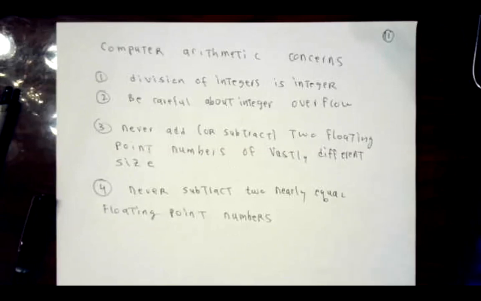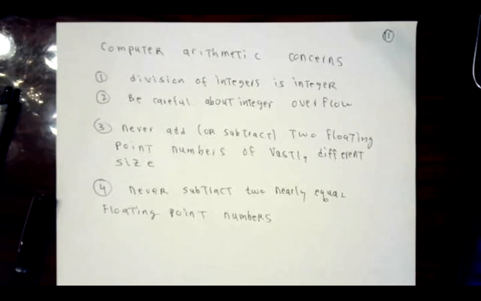So we now know some things that'll be of concern to us from time to time. In the videos, we saw that division of integer by integer doesn't quite act the way you might think it would. Also, you need to be careful about integer overflow, also real overflow. Never add or subtract 2 floating point numbers that are of hugely different magnitudes, because you'll get the big number plus small number effect.